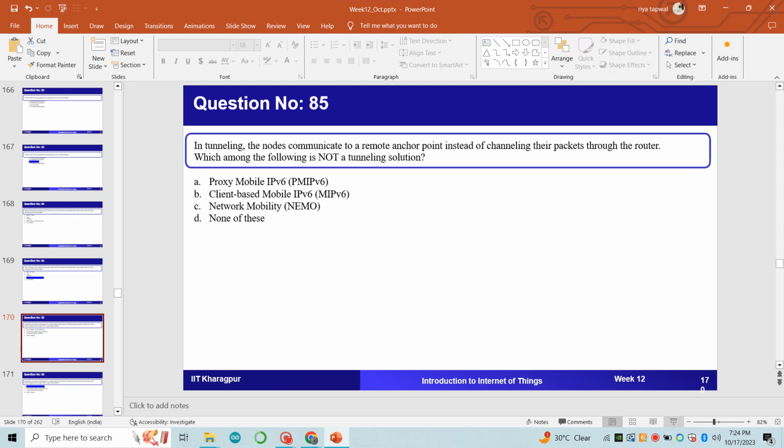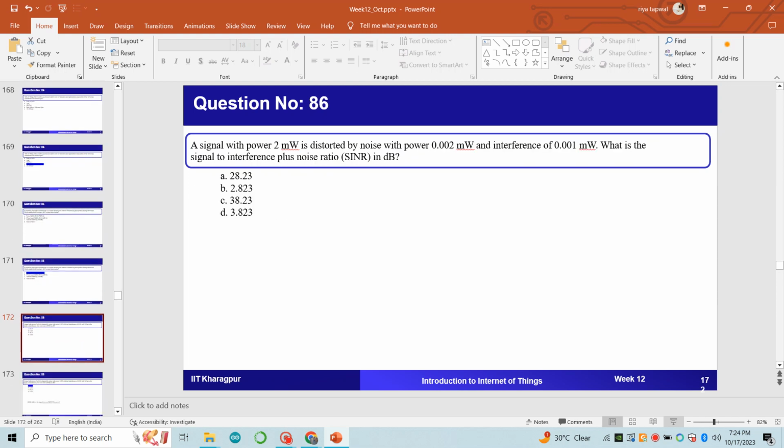I think A, proxy mobile IPv6. Okay, anyone else? Yes, A is correct. That is proxy mobile IPv6.